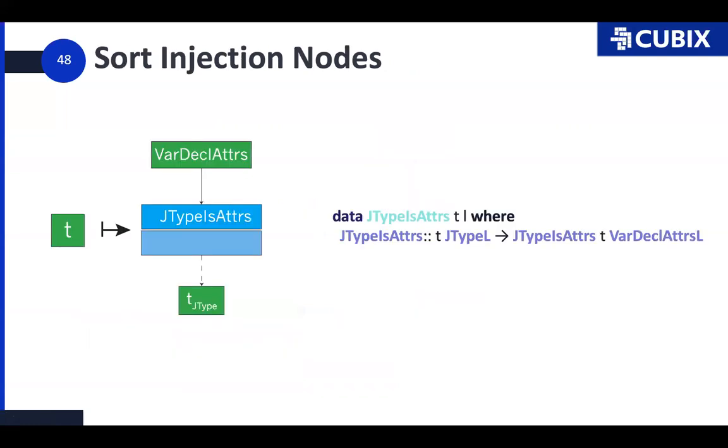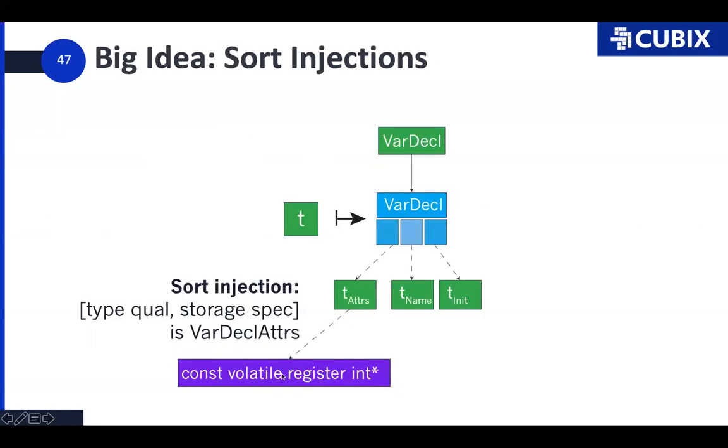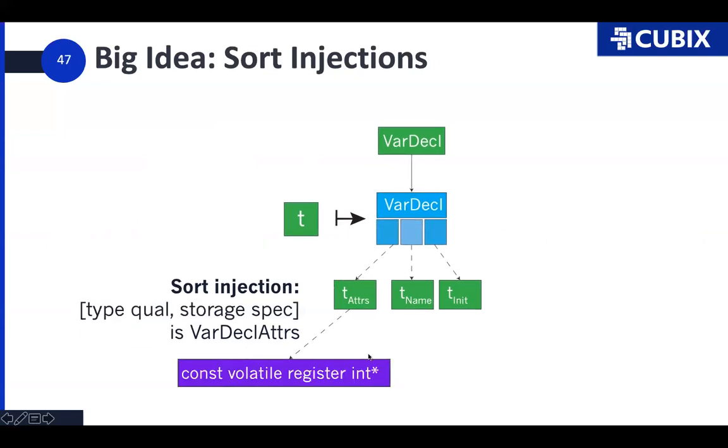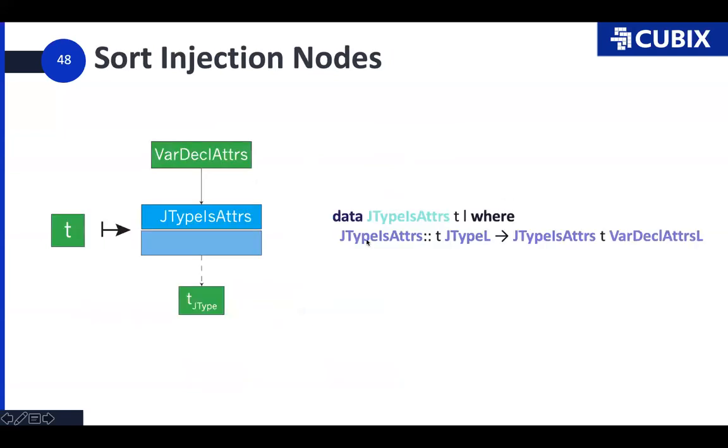So that's pretty cool. And the way that you add these sort injections to a language is actually, so a sort injection is like an edge, saying there can be an edge in my AST from variable declaration to Java type or const, volatile, register, and so on. So the way that you add these possible edges to your language definition is actually by turning the edges into a node.